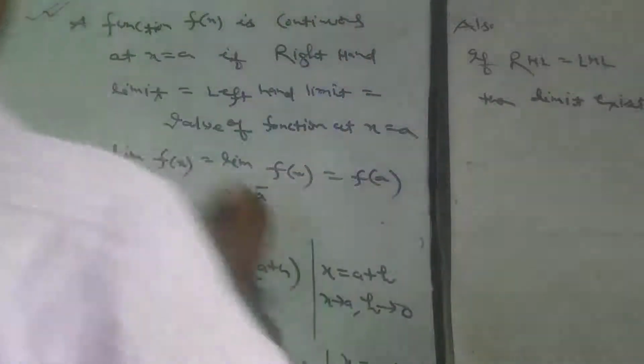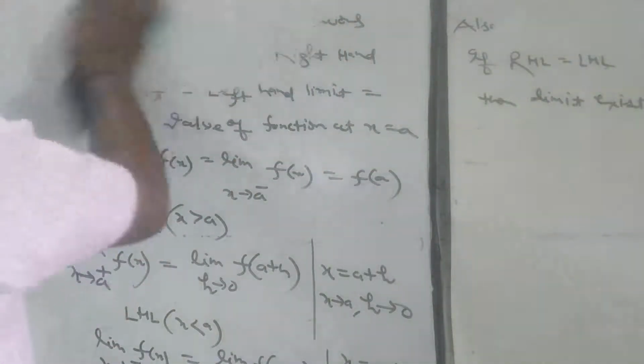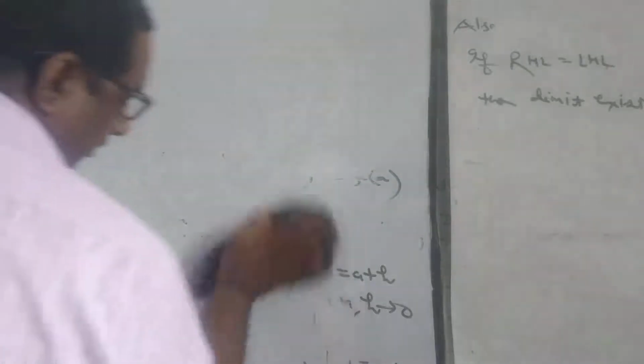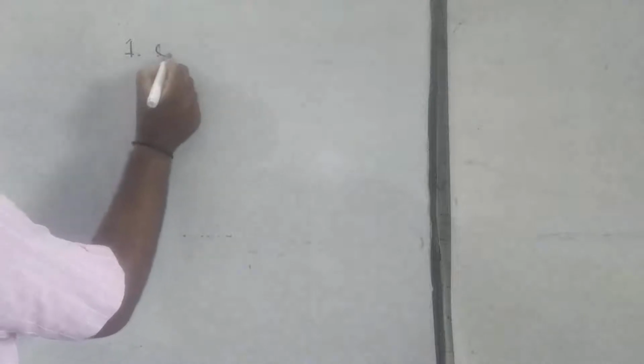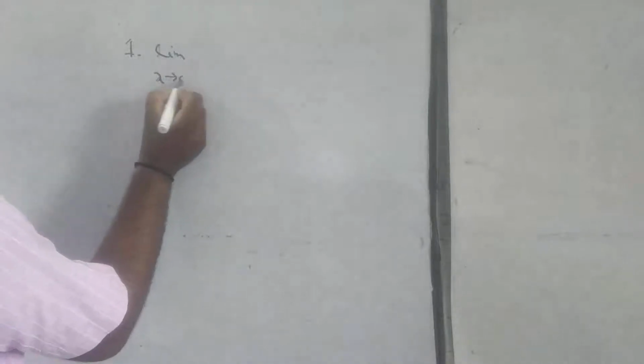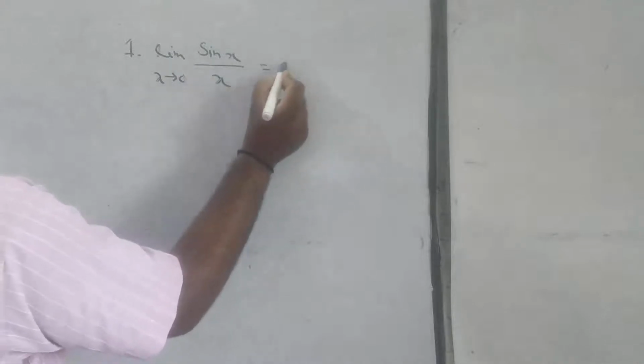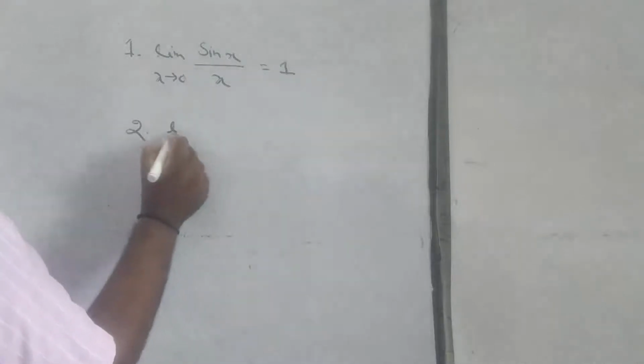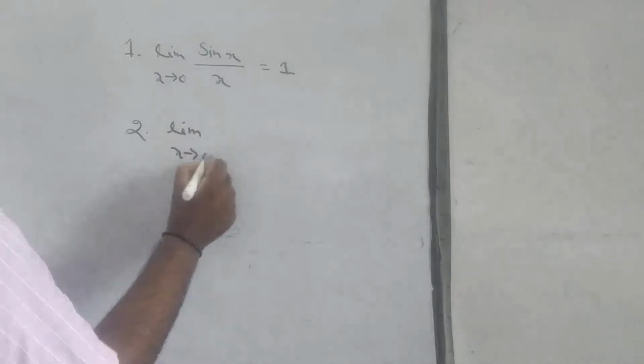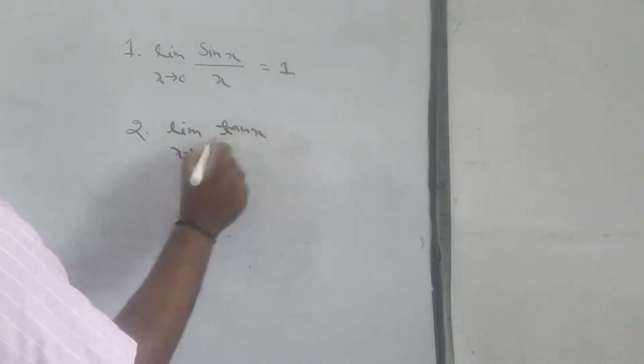Now, to solve the questions in this chapter, a few formulas are required from the limit chapter. Like first formula is limit x tends to 0 sin x by x is equal to 1. Second, limit x tends to 0 tan x by x is equal to 1.